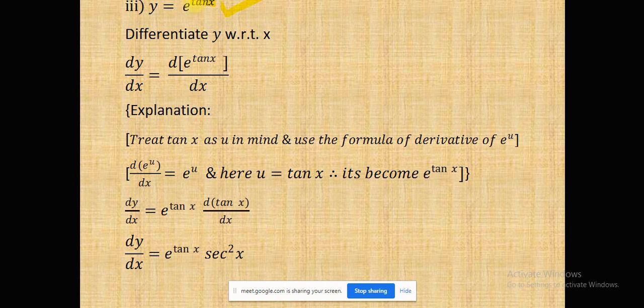E raised to something, and in that something, tan x is there. So the derivative of e raised to u is e raised to u itself. So the derivative of e raised to tan x is e raised to tan x itself, and the derivative of the inner function, that is d by dx of tan x, is sec square x.